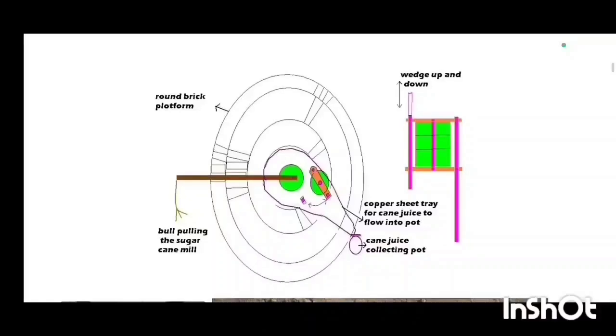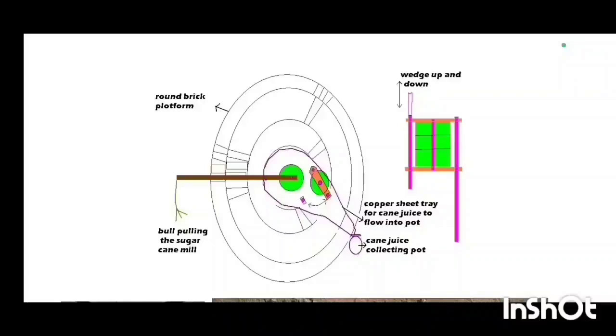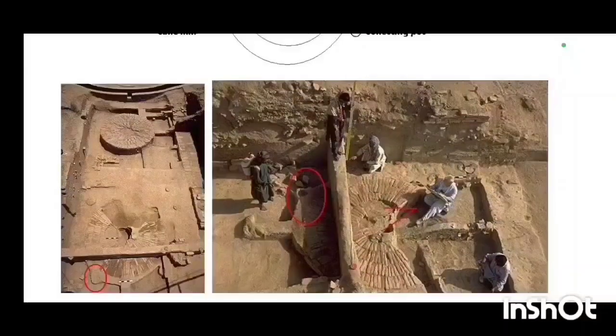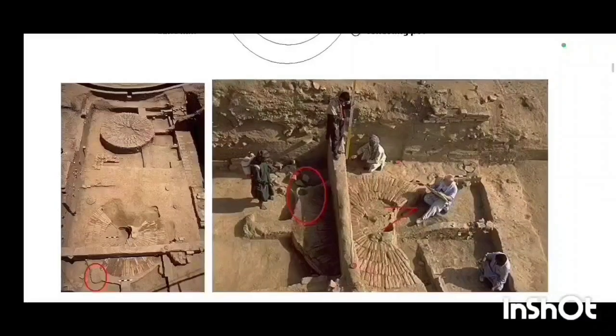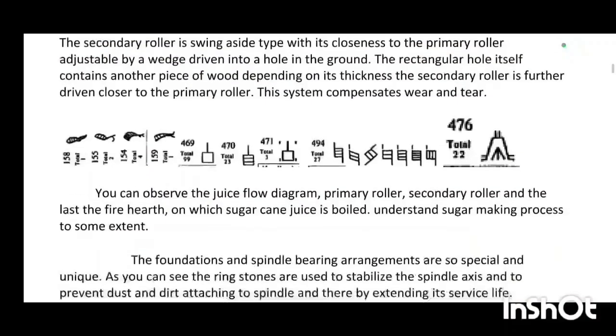Here we can see an oblong shaped metal tray which carries sugarcane juice into a pot kept on the edge of the circular platform like this. You can see in that red circle there is an impression where a pot was kept at one time, and Sir Mark Kenoyer sitting before two cavities to hold two rollers and their foundations.